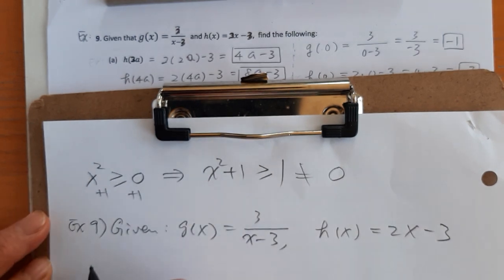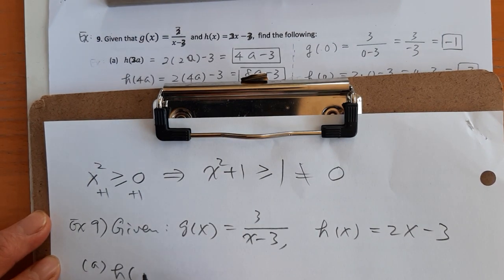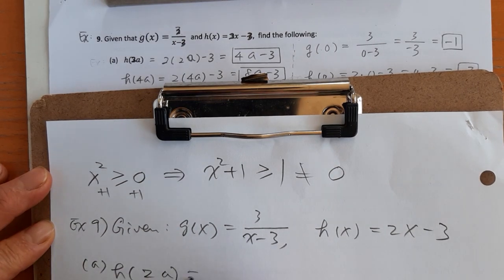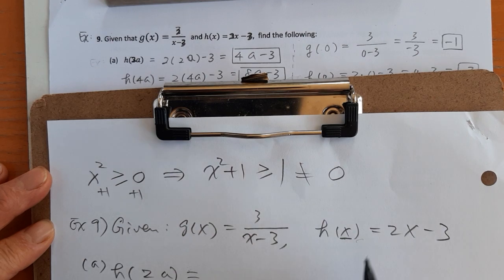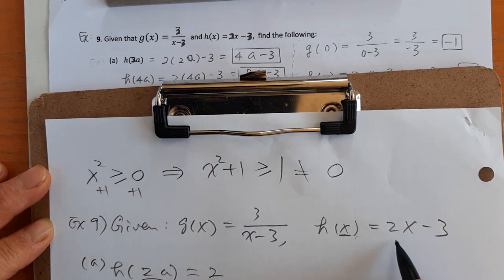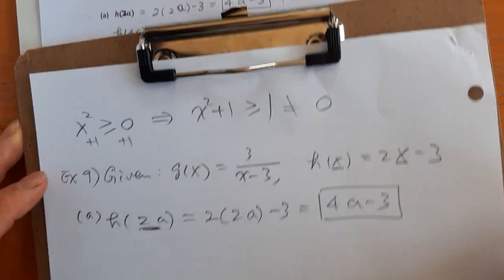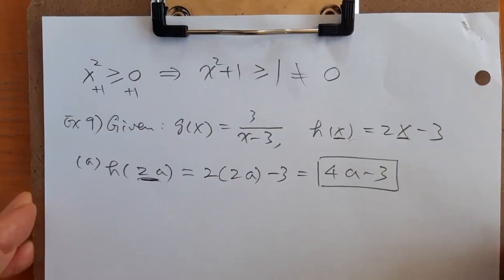And A, find out h of 2a. h of 2a is just 2a plugged into the x. 2 times 2a minus 3. So it's 4a minus 3. That's A.